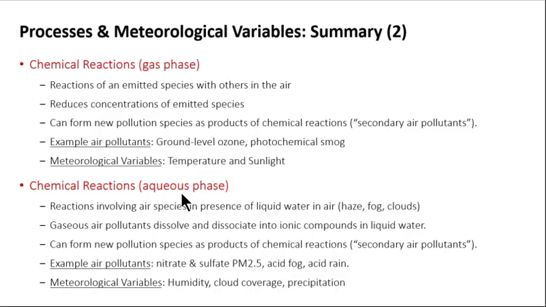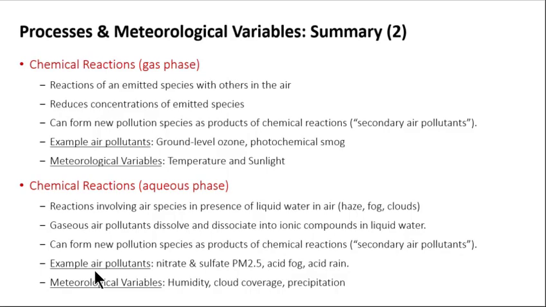For chemical reactions in the aqueous phase, this means reactions involving air species in the presence of liquid water in air, in haze, fog, or clouds. In this case, gaseous air pollutants dissolve and dissociate into ionic compounds in liquid water. These can form new pollutant species as products of these chemical reactions, again, secondary air pollutants.